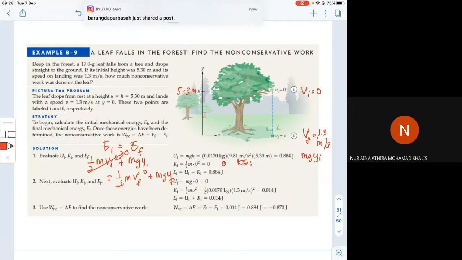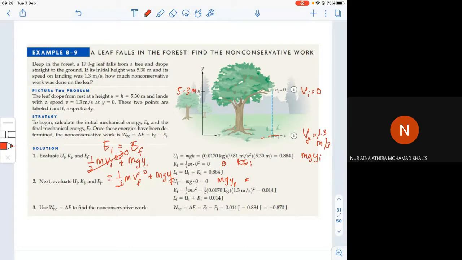And now we calculate using potential. When the leaf drops to the ground level, the mgy final will be 0.